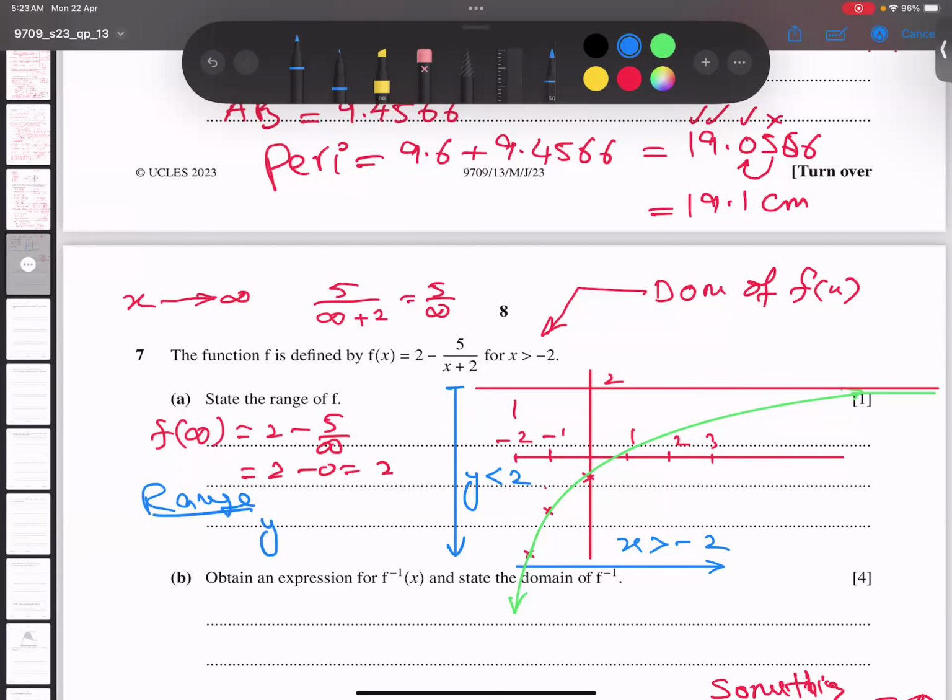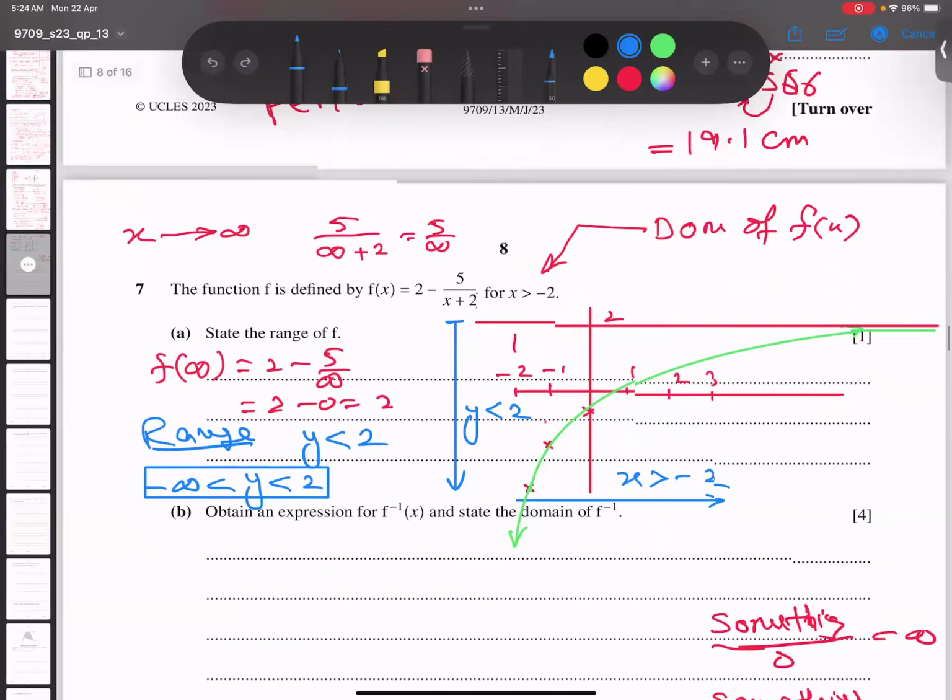You can say simply y is less than 2. Or in some books, they mention less than 2 and bigger than -infinity. So both answers are correct because it is going towards below. If this green curve goes down, it goes to -infinity. So this is our answer.